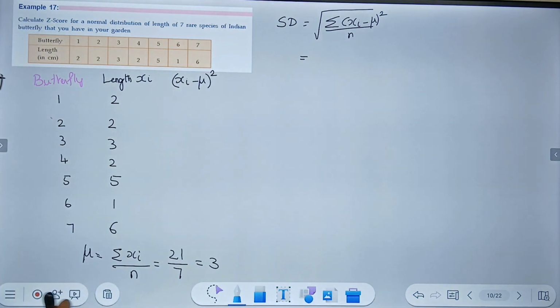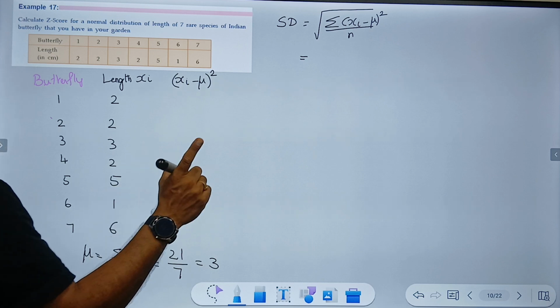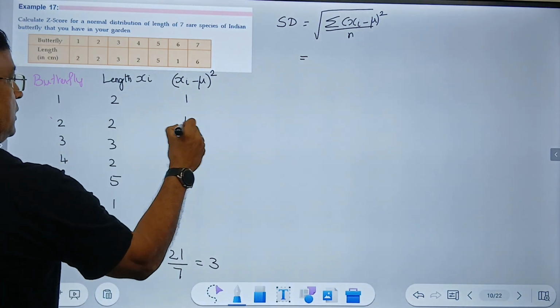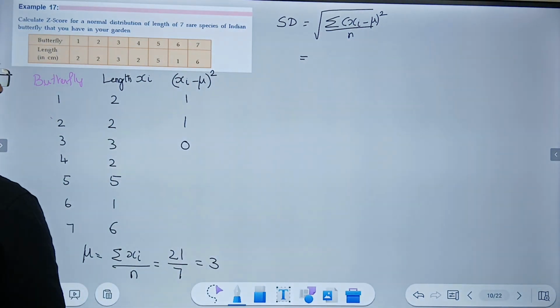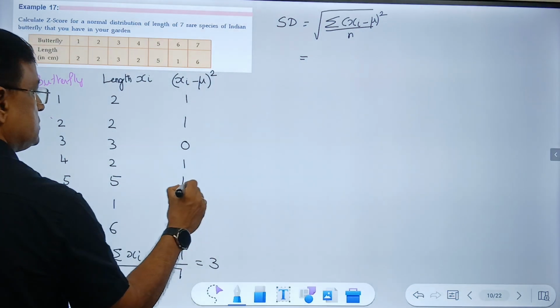How do I go about it? Xi is this. 2 minus 3 is minus 1. Minus 1 square is 1. This is also 1. 3 minus 3 is 0. Then this is again 1. 5 minus 3 is 2, whole square is 4.